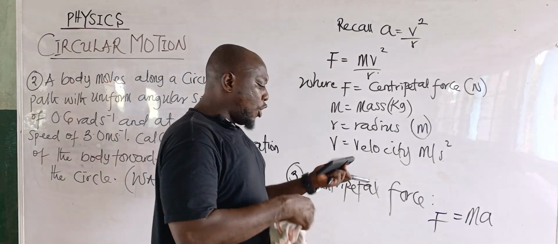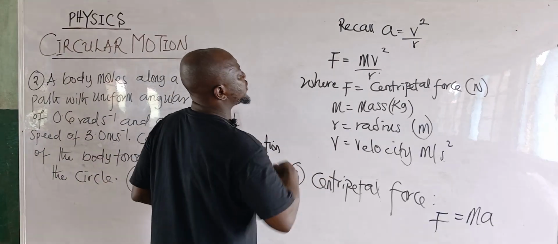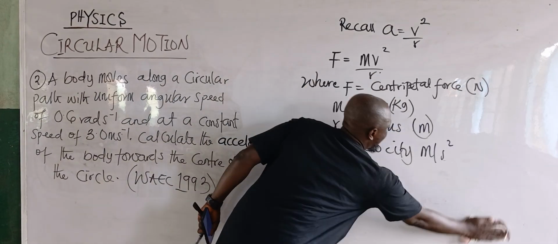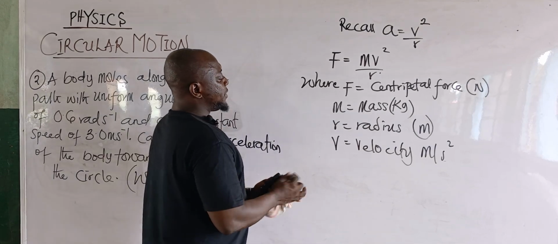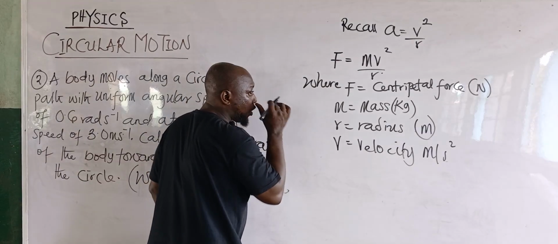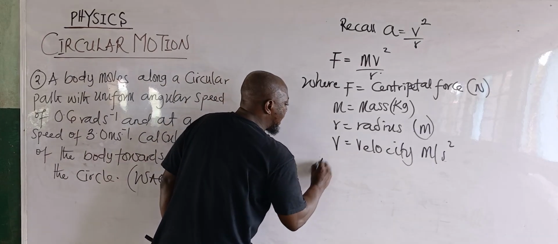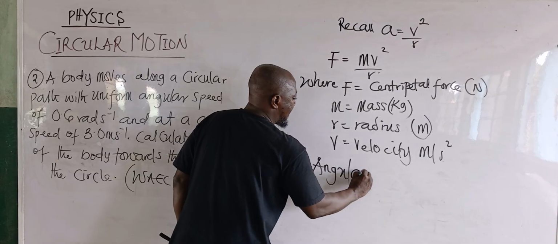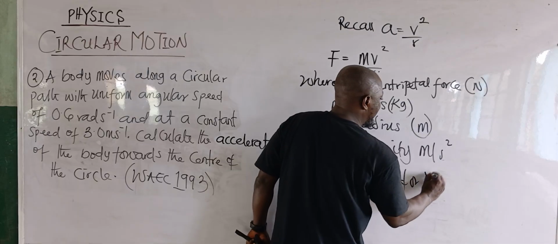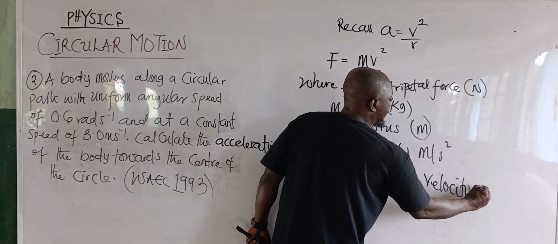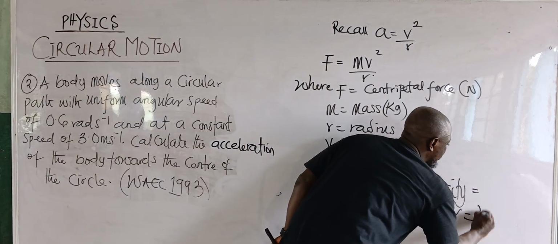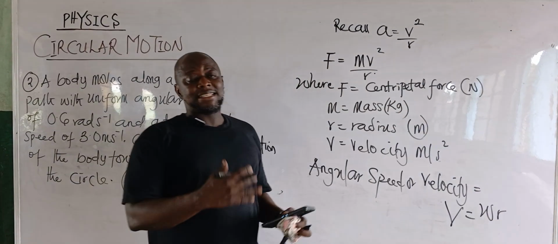There are also some things we need to register as we progress. We also said that there is what we call angular speed or velocity, given as V equals W, or in this case, omega.